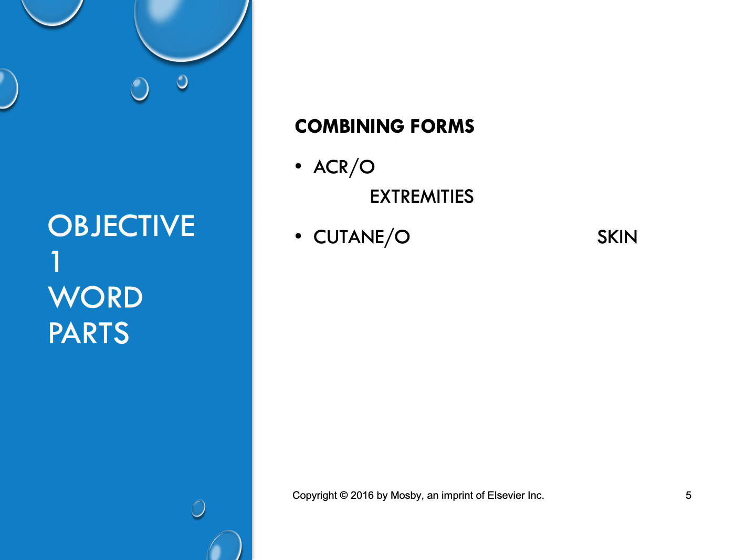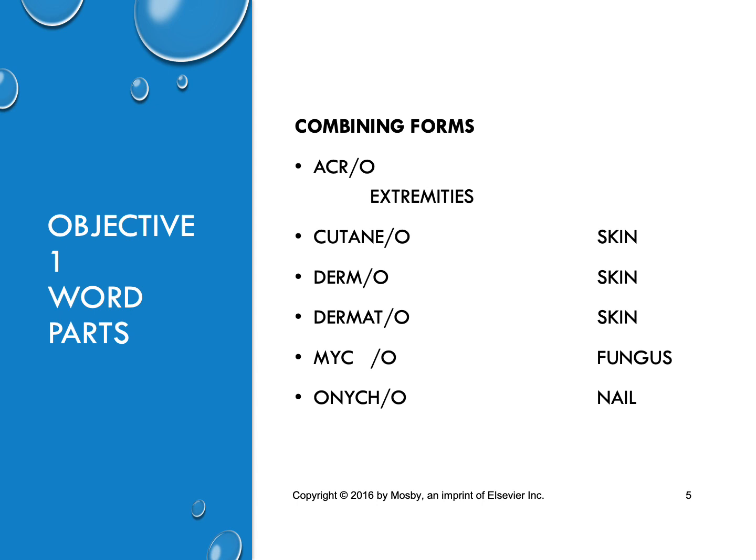What about cutaneo? Cutaneo is one of the word parts that means skin. Dermo and dermato also refer to the skin. And then we have myco. Myco refers to fungus, okay, like mycosis is the condition of having a fungus. Onchio refers to the nail, which is a very strange word, I think.